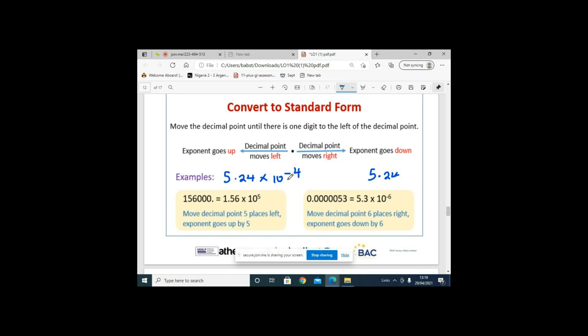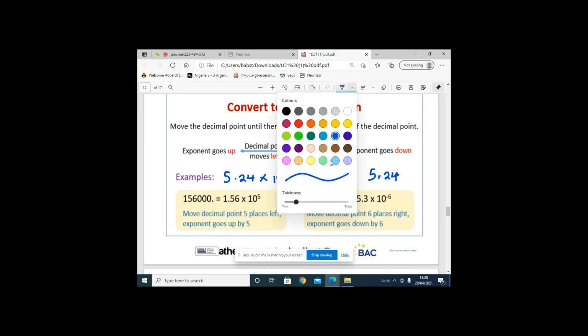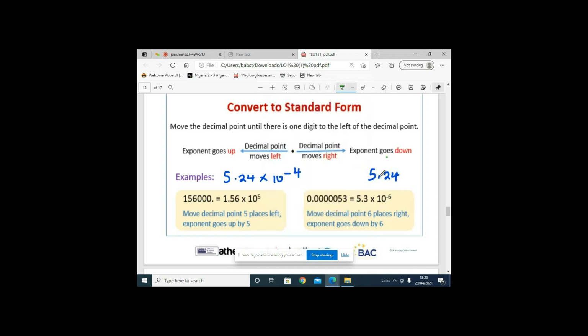When it's negative, you go to the left. So you go to the left 4 times. So it's going to be 1, 2, 3, 4. Can you see? This is where the decimal will be. Then when you put the decimal here, you will add an extra 0 to the left. So it's going to be 0.000524. That's the answer.